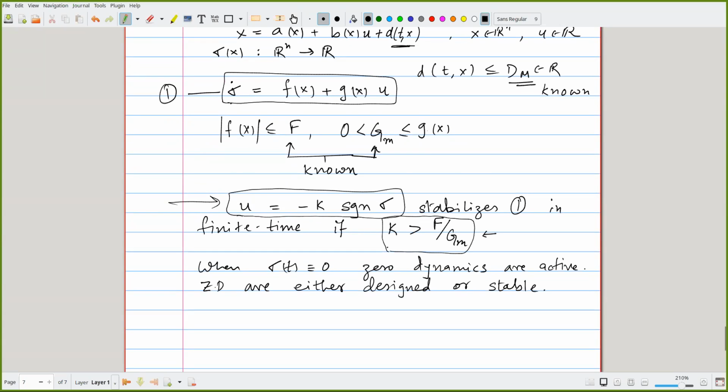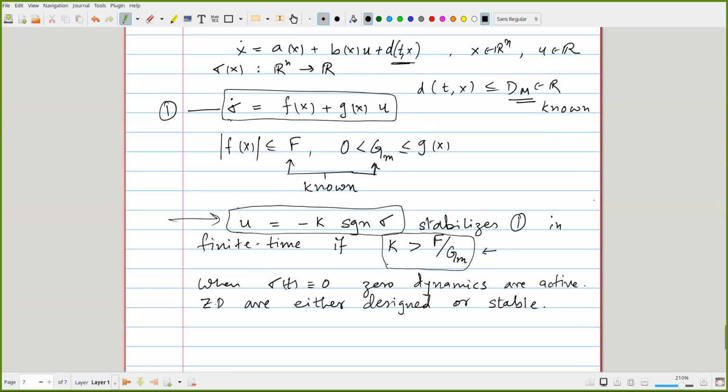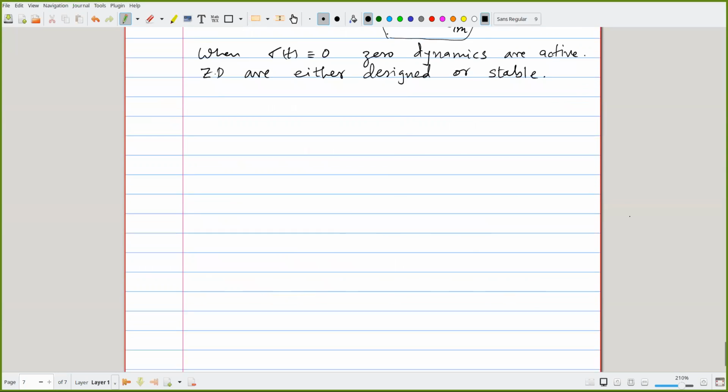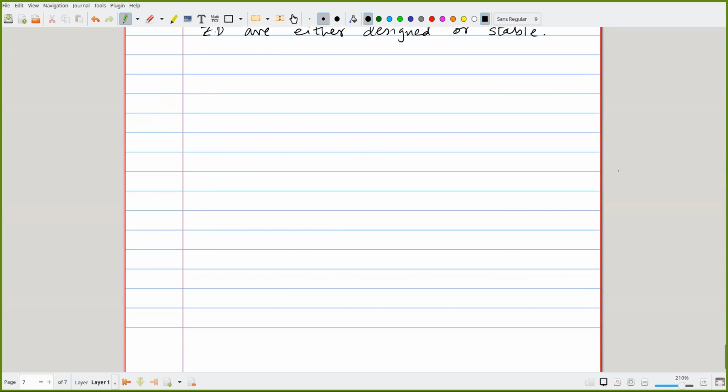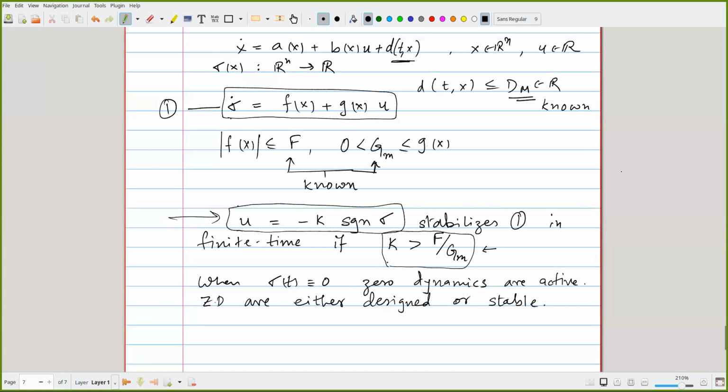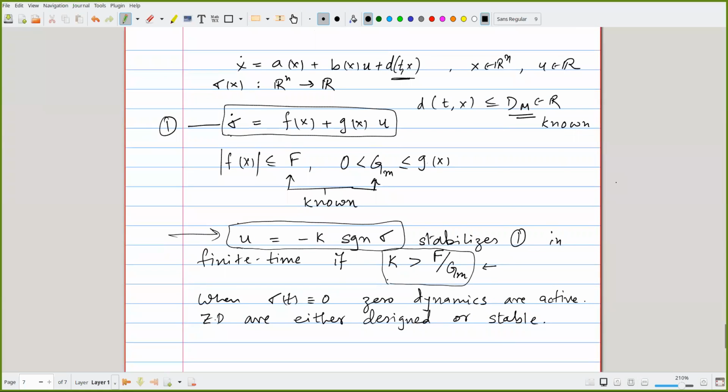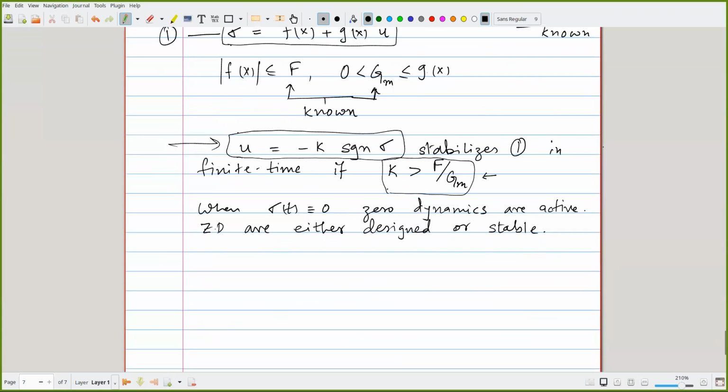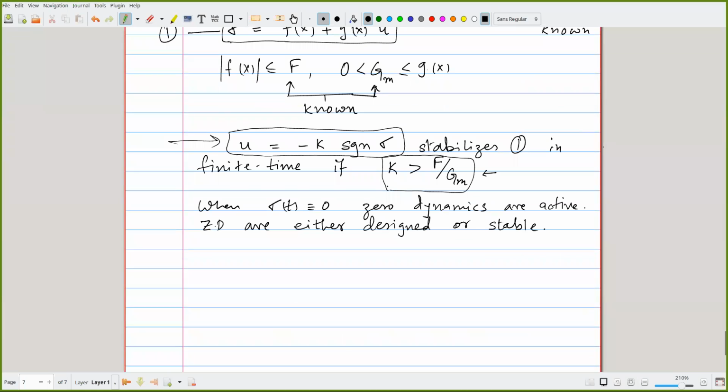This one will become stable if u is this, and there is nothing unmatched about this disturbance, matched or unmatched. So now the thing is, where does this unmatched disturbance trouble us, and why does the sliding mode community talk about unmatched disturbances being bad and sliding mode not being able to handle them? Here we see that even without any matching conditions on d, we have been able to achieve finite time convergence of sigma.